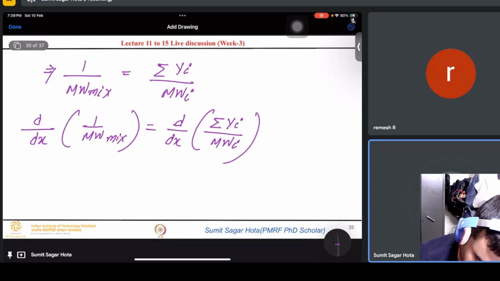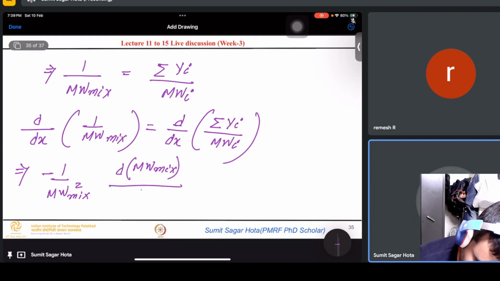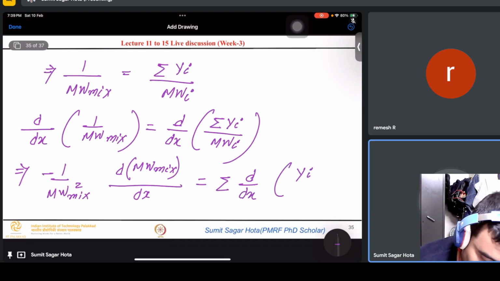Take the derivative of the square of molecular weight of the mixture divided by dx, summation of. What I have done is take the summation outside of dY/dx so that I can take the derivative of Y. That is the trick here.